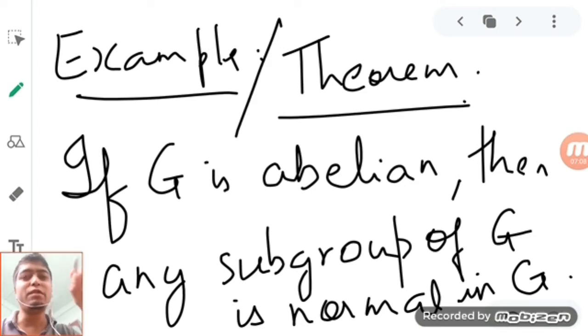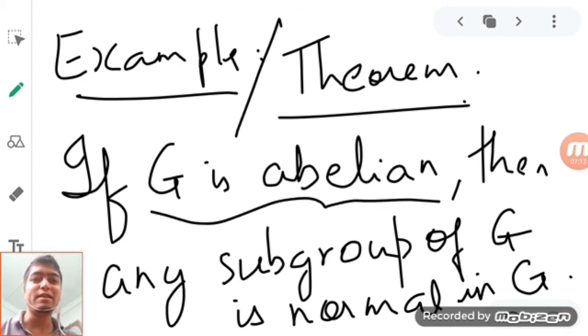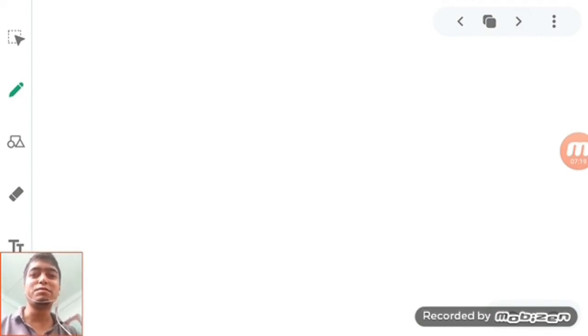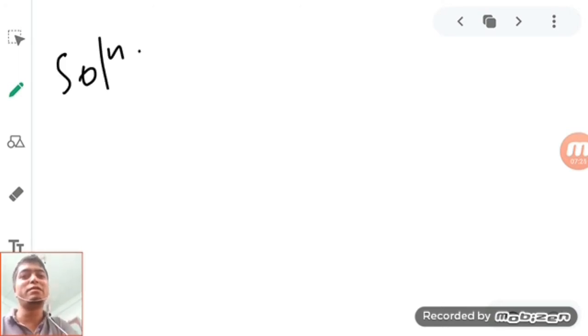Okay, so what do we have to prove over here? We are given a group G that is abelian. We have to show that any subgroup of G is normal. So how will we do it? Because we have to prove that any subgroup of G is normal, let us start with any subgroup of G. We don't know how it looks, so I'm just denoting it with a letter.